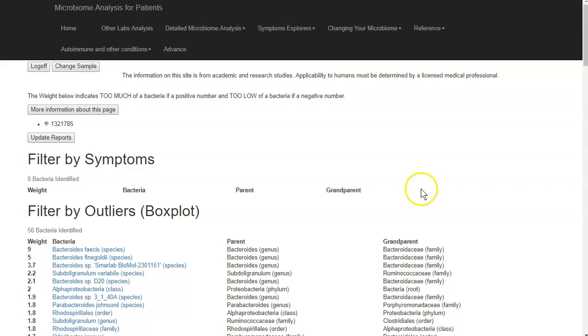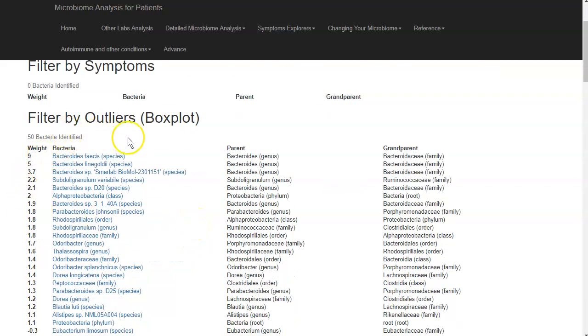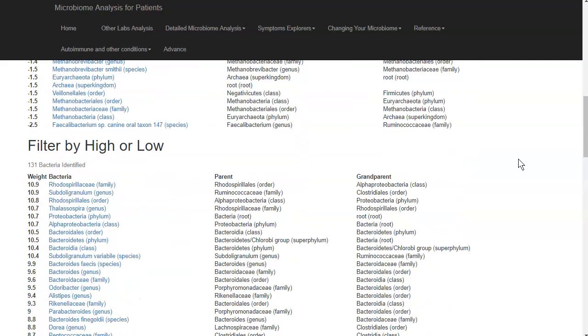And then below that, we have the bacteria identified by a method called the box plot, which identifies the 50 bacteria which are abnormally outside the expected range. But then we go further down and we see ones which are outside of the average range, and we see that it jumps up to 131 different bacteria.